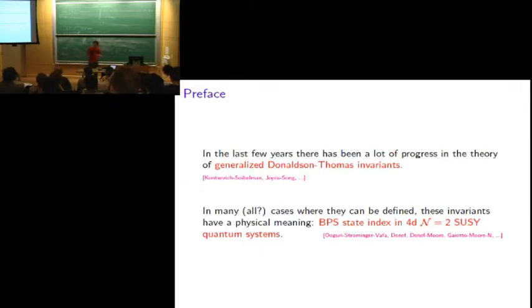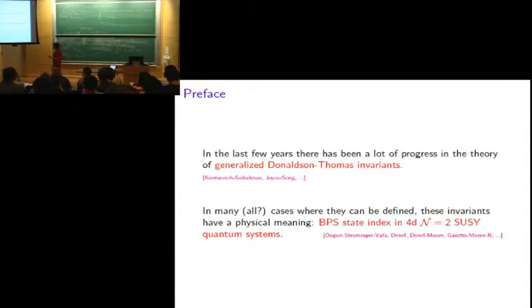Now, as a physicist, the reason why Greg and Davide got interested in these things is that in many cases where these things can be defined, maybe in all cases, the generalized Donaldson-Thomas invariants have another name. They have a name which makes sense in physics, and they are the BPS state index, much like the indices Davide talked about a few minutes ago.